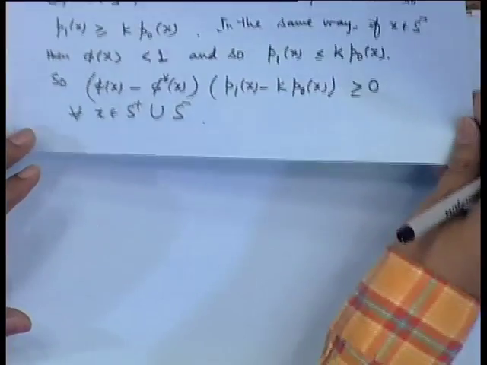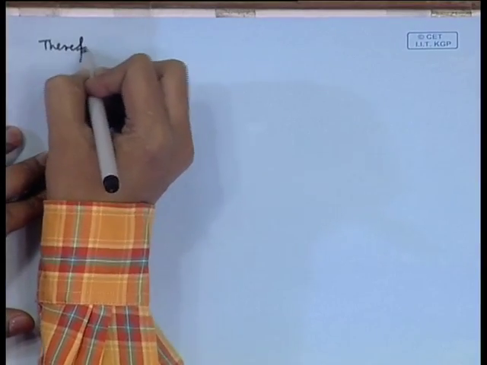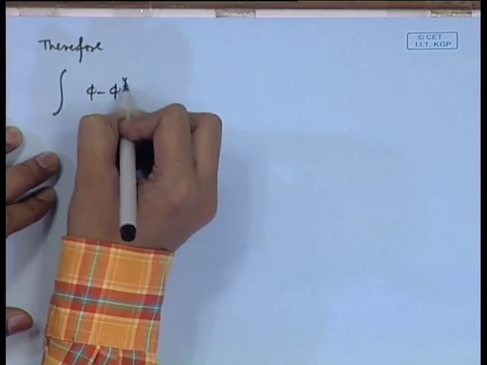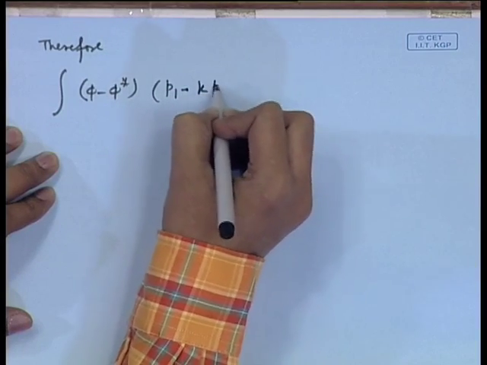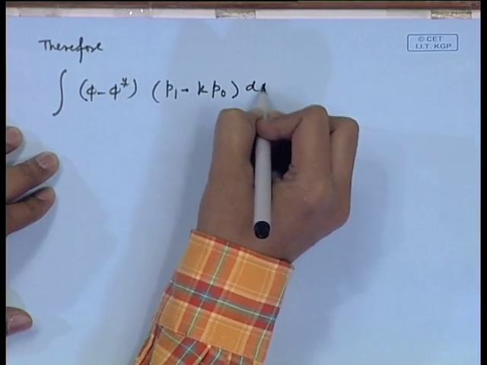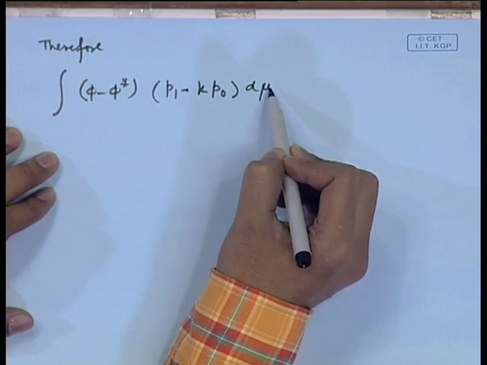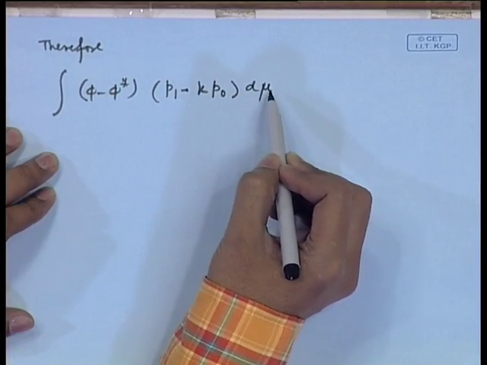Now, let us use this. If we consider the integral of phi minus phi star into p 1 minus k p naught d mu. So, this is a generalized term, that means, if we are dealing with a discrete distribution, this will be a summation, otherwise it is an integral.